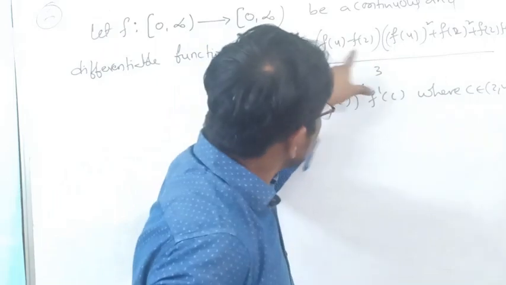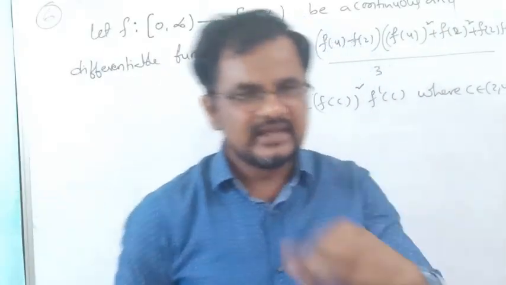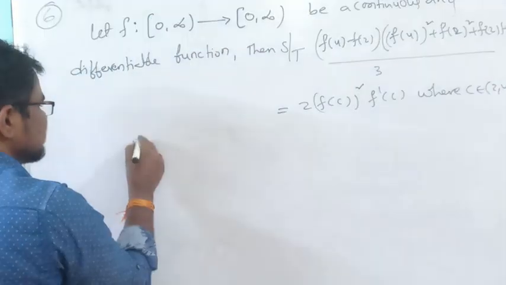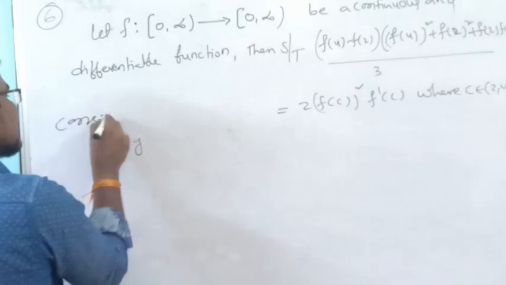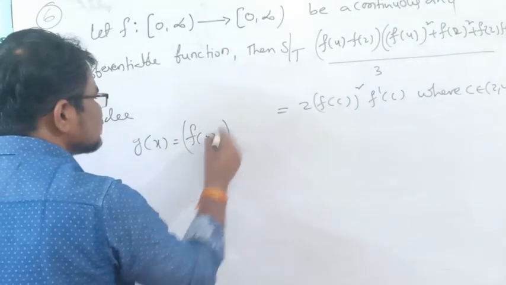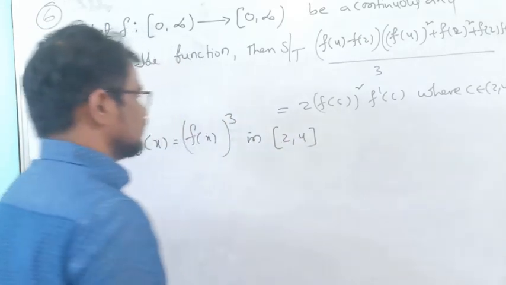Once you observe, a minus b, a square plus ab plus b square form is there. So it is the a cube minus b cube form. That is why I will consider one function g of x equal to f of x whole cube in the interval 2 to 4.